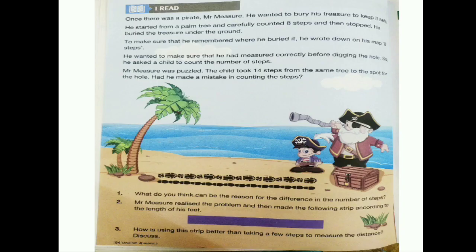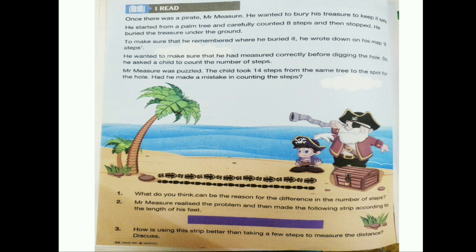First, start with this story. Once there was a pirate. Pirate means a person who attacks and robs ships at sea. Then Mr. Maser, he wanted to bury his treasure.